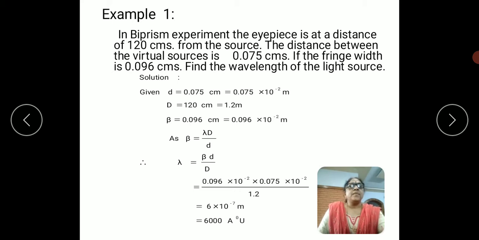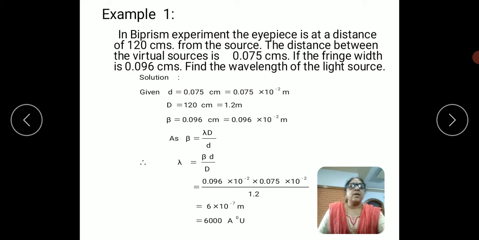So here, the distance between the virtual sources d is 0.075 centimeter, and capital D, the distance between eyepiece and the biprism, is 120 centimeter. In terms of meter, it is 1.2 meter, and they have given the fringe width, that is beta is equal to 0.096 centimeter.